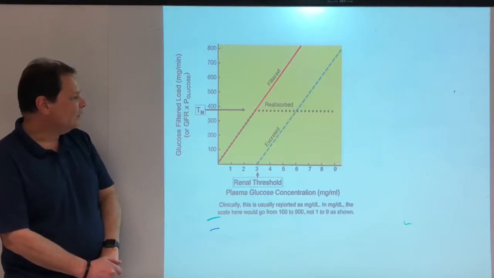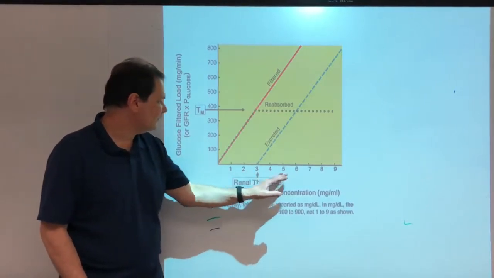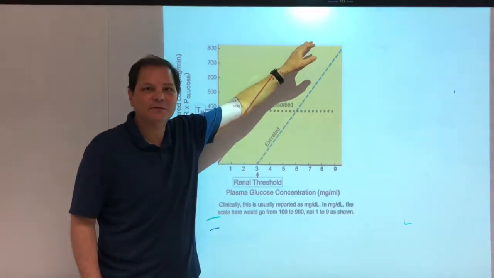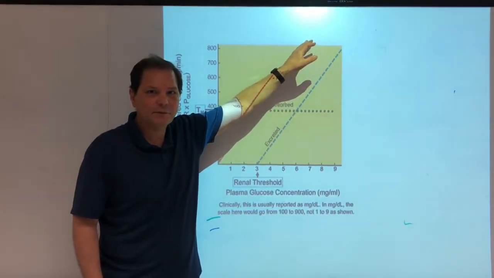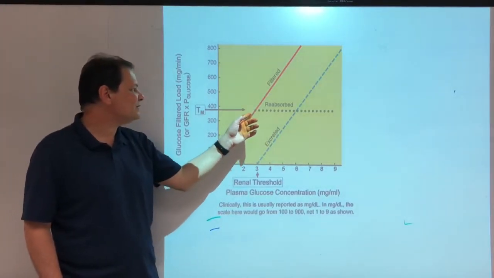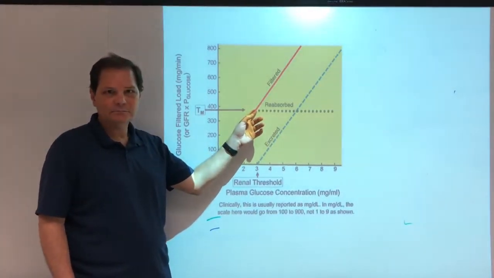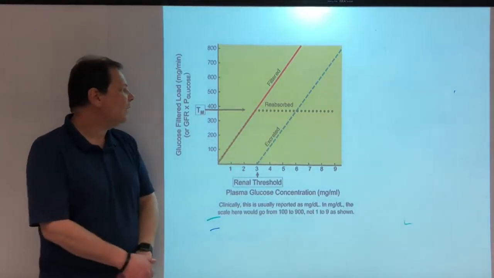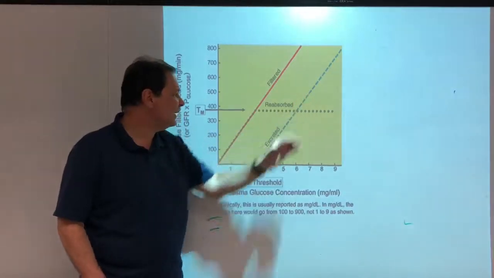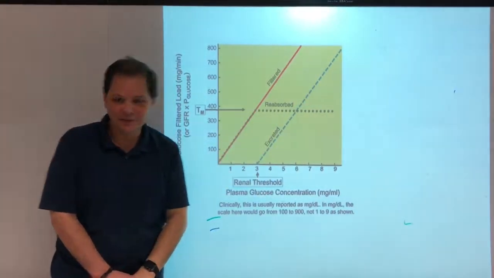As the plasma glucose goes up, you can see from the red line, the amount of glucose filtered goes up. The dotted line is the amount that's actually reabsorbed, and the blue dashed line is the amount that's excreted in the urine.